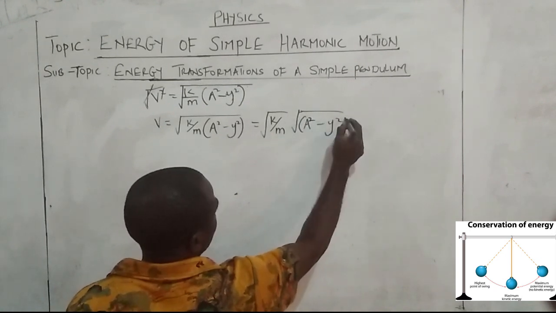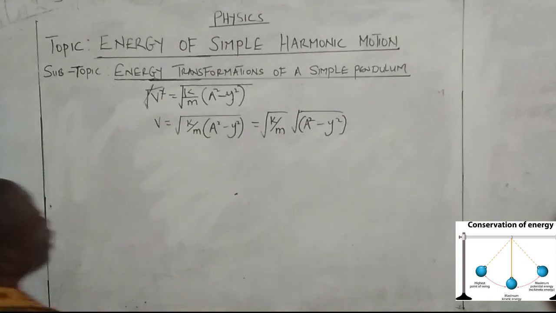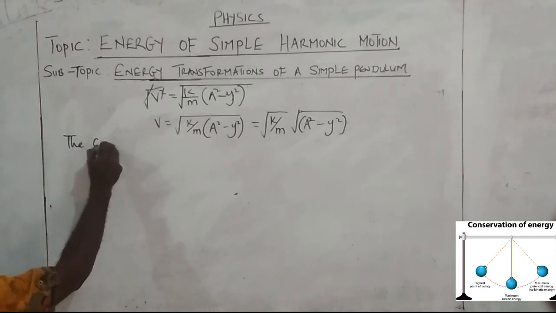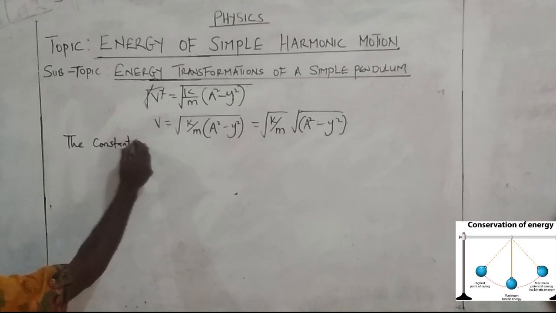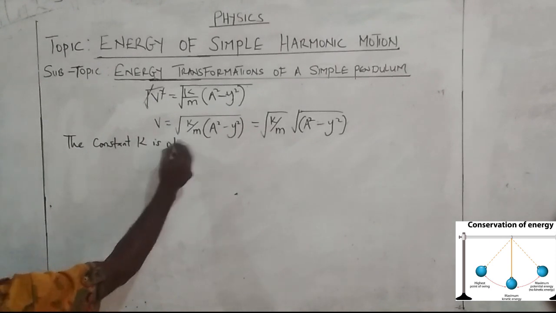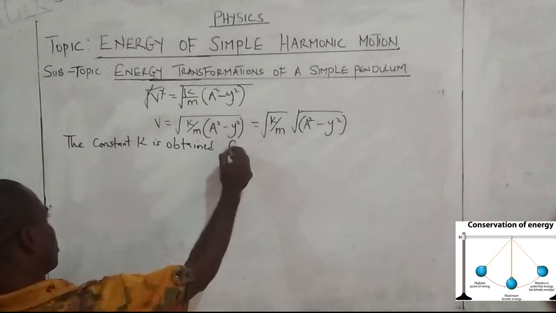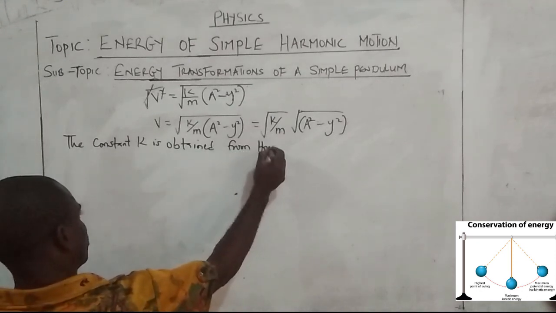If a is the amplitude, k is the elastic constant. And from there, you should know that the constant k is obtained from Hooke's law.